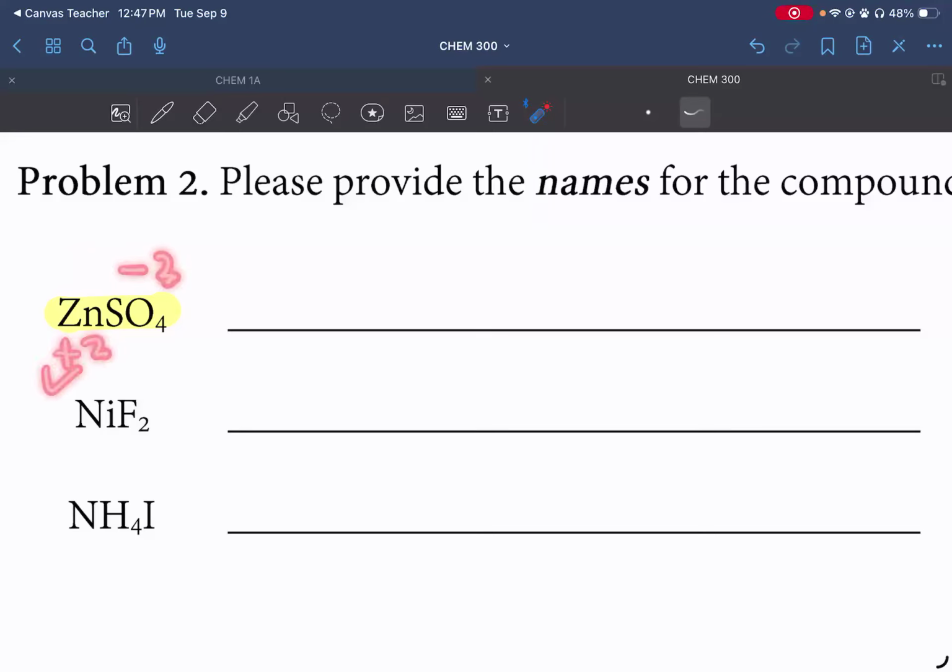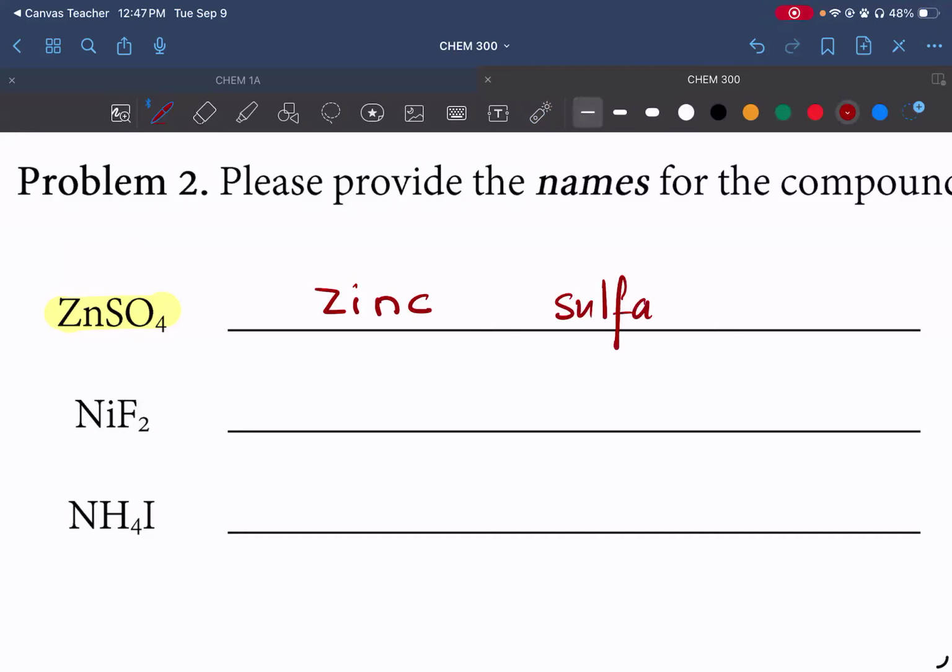Once we figure that out confidently, we can say that this is zinc sulfate. Is my answer as written correct? What am I missing? Roman numerals. And how much do I need in the bracket? 2. Zinc(II) sulfate.